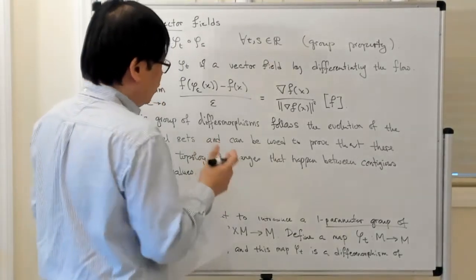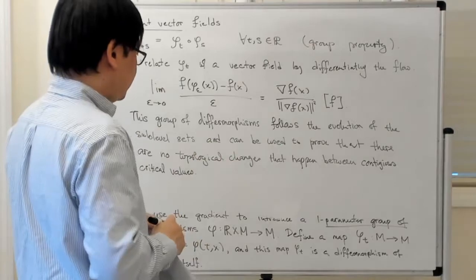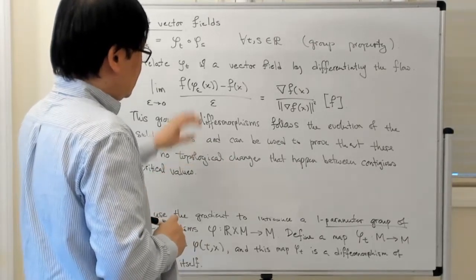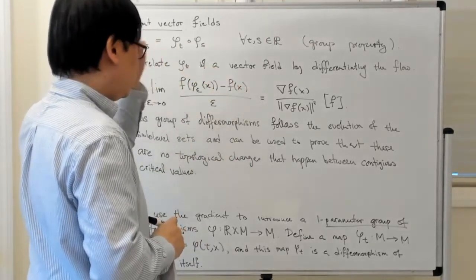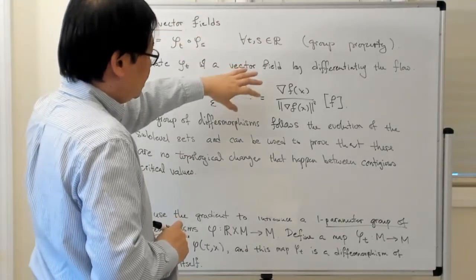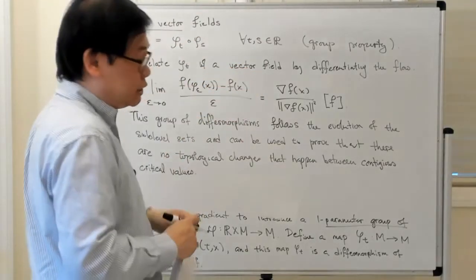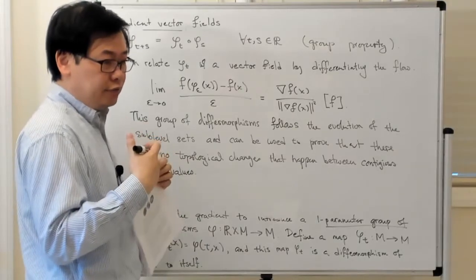More or less intuitively, it follows from the fact that this gradient flow is in general going to define a one parameter family of maps.